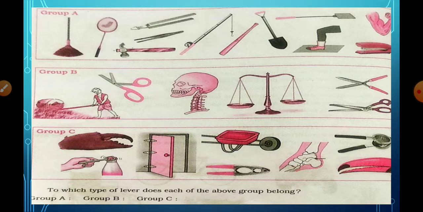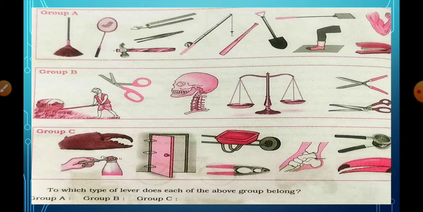Some machines are given in group A, some in group B and some in group C. Look at the machines and say which type of lever each group belongs to. See, observe the pictures first of all and then answer the question.